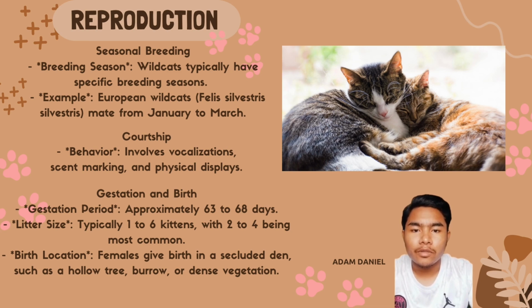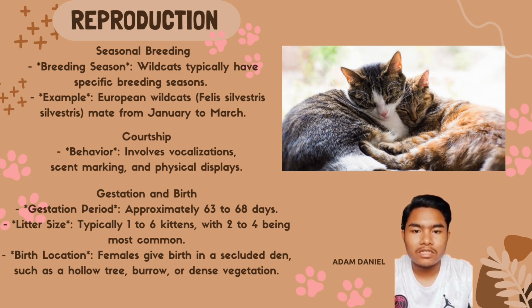As for reproduction, wildcats typically have specific breeding seasons. For example, the European wildcats, or Felis silvestris, mate from January to March. Their courtship involves vocalization, scent marking, and also physical displays.